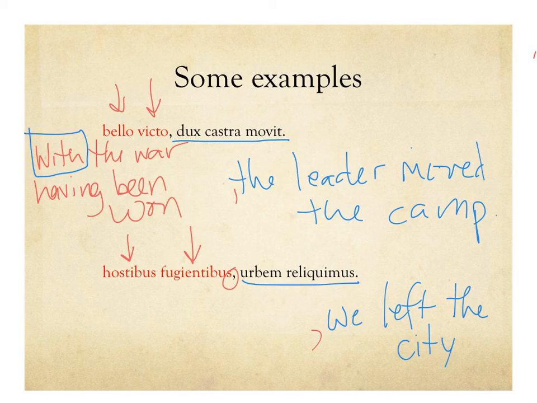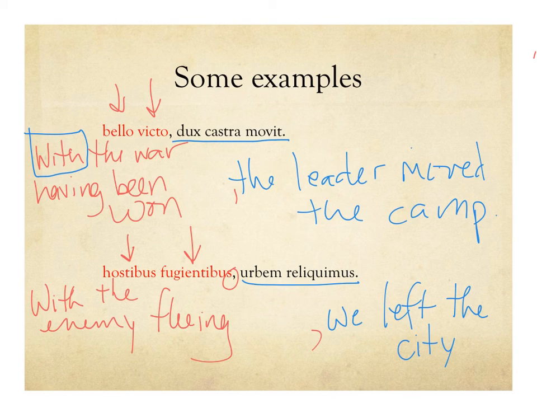So we could say something like, with the enemy fleeing, we left the city. So you could say, of course, again, when the enemy was fleeing, we left the city. Or you could say, while the enemy was fleeing, we left the city. Because the enemy was fleeing, we left the city. Any of those would be acceptable translations too.